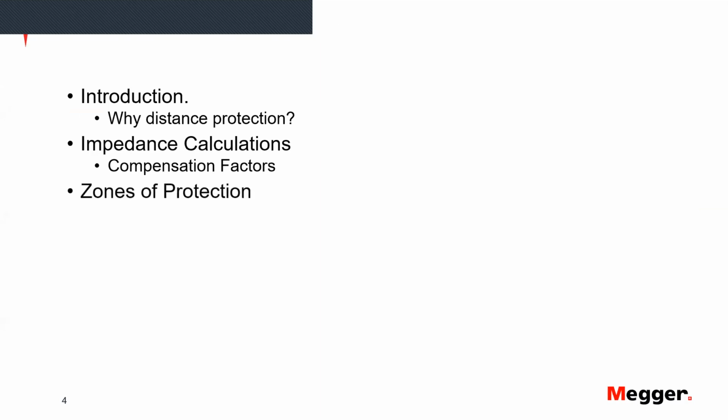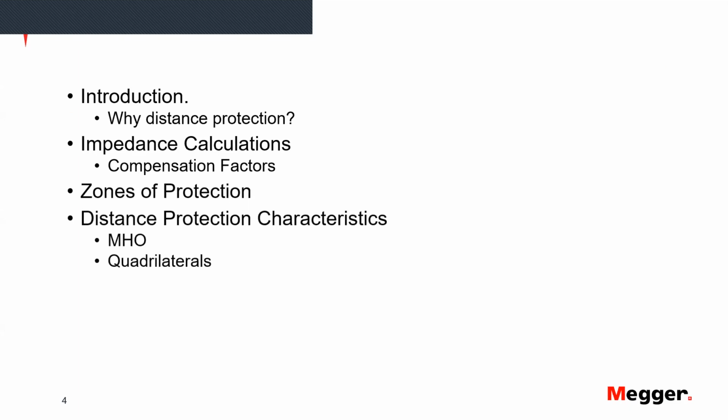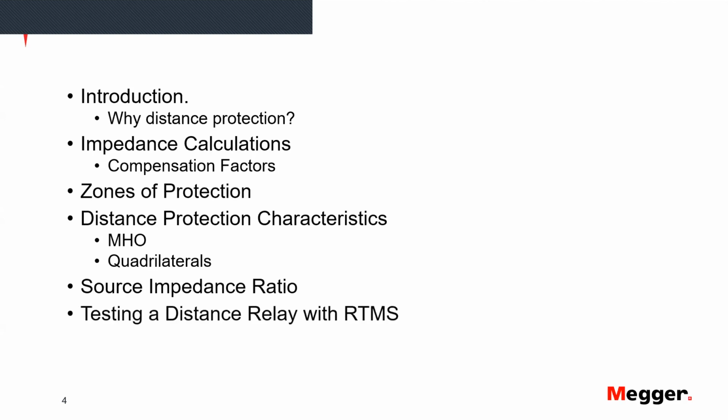We're going to talk about the zones of protection used in distance protection. We are going to discuss distance protection characteristics, MHO and quadrilaterals. Then we are going to talk about source impedance ratio, and we are going to finalize by testing a distance relay with RTMS.